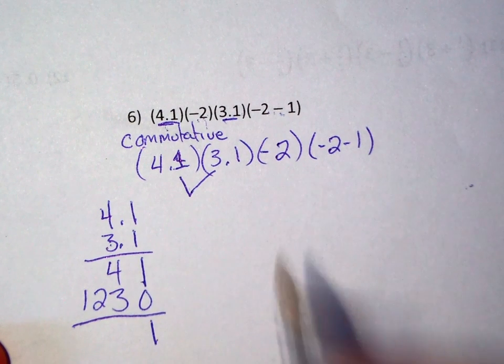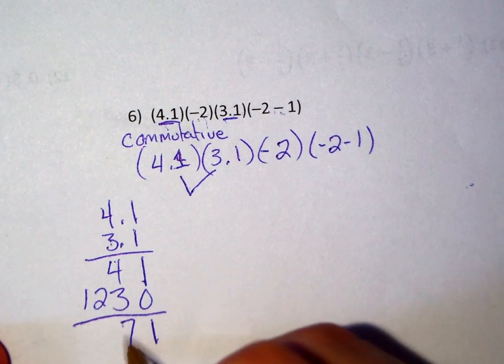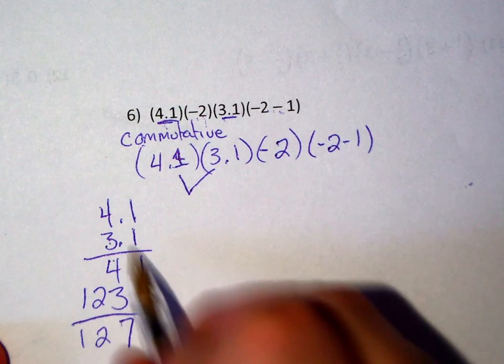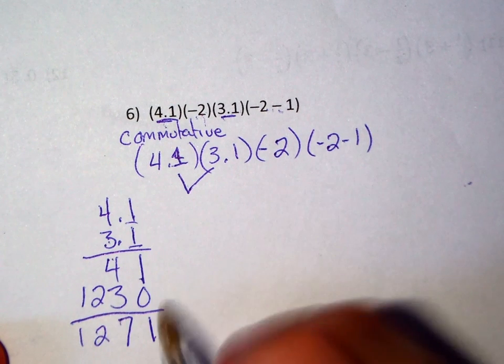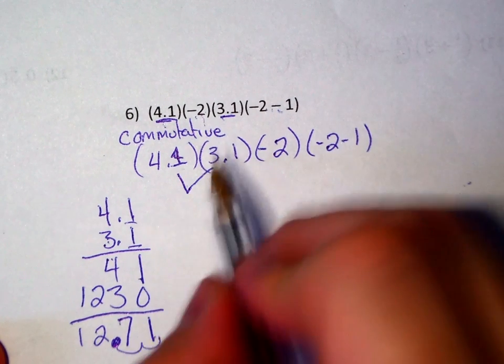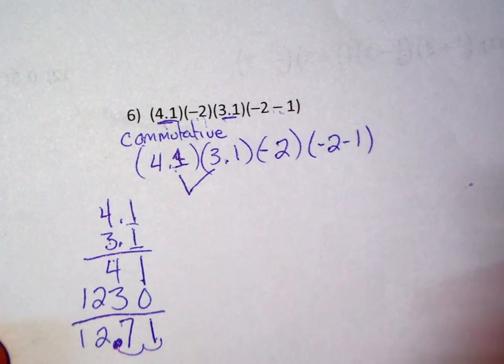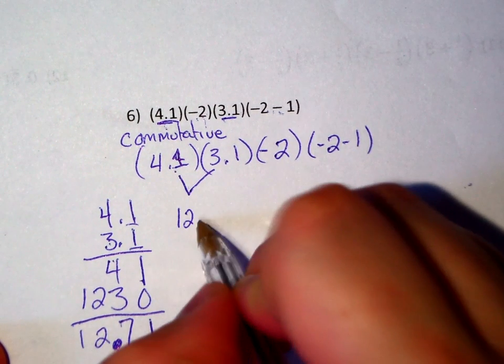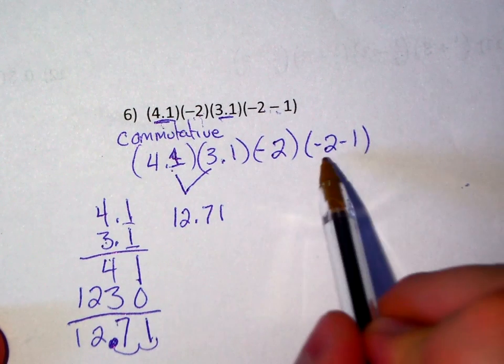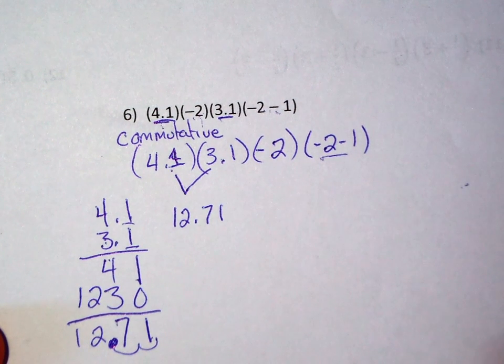So now I'm adding up my values. 4 and 3 is 7. 2, 1. I had 2 decimal places in my original problem, so I moved my decimal place over 2 points. So these two numbers multiplied together equal 12.71. The next thing I'm going to do is clean up this set of parentheses here.